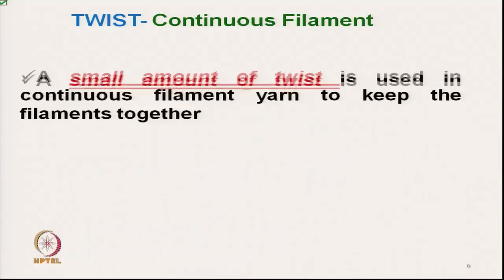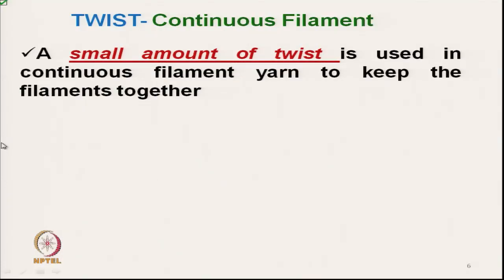Before that, in continuous filament, as I have mentioned, a small amount of twist is required. This curve is for staple yarn.